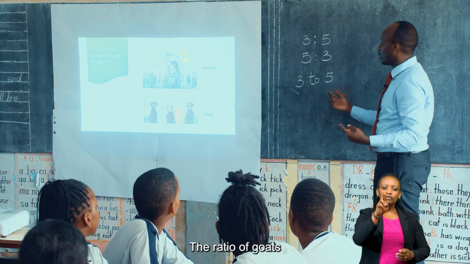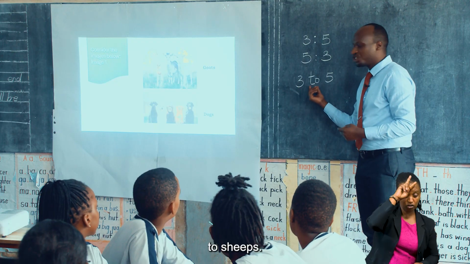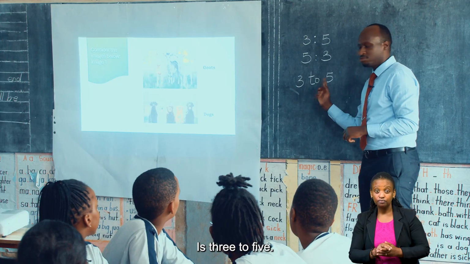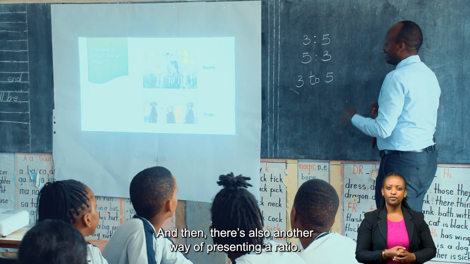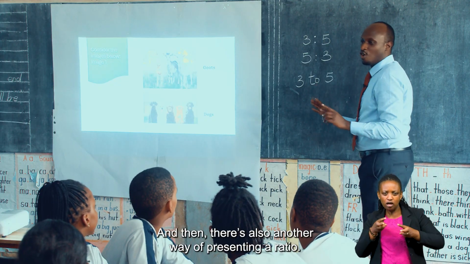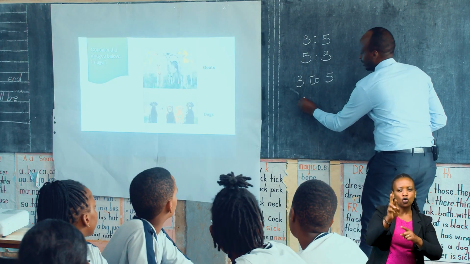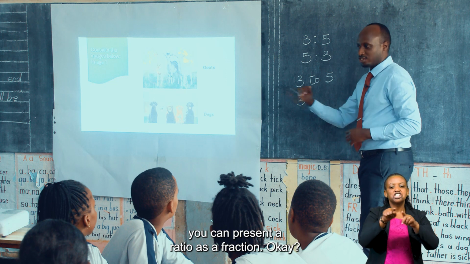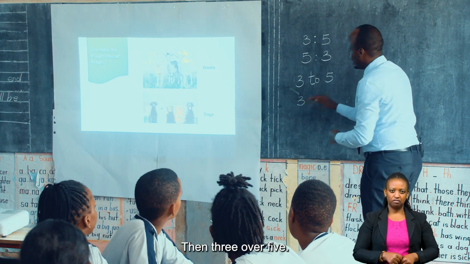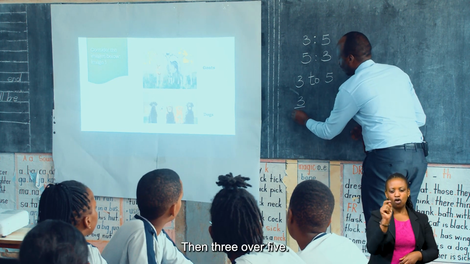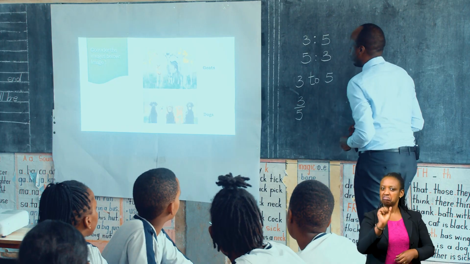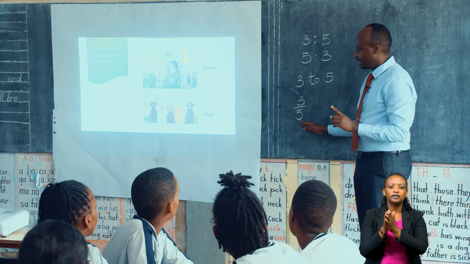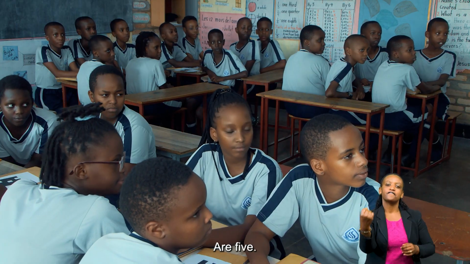The ratio of goats to dogs, okay, is 3 to 5. And then there is also another way of presenting a ratio. You can present a ratio as a fraction, okay? Then 3 over 5, okay? The goats are 3, and then the dogs are 5.